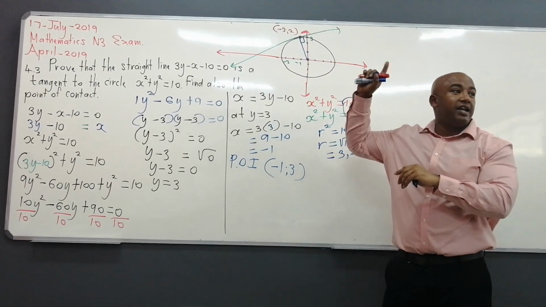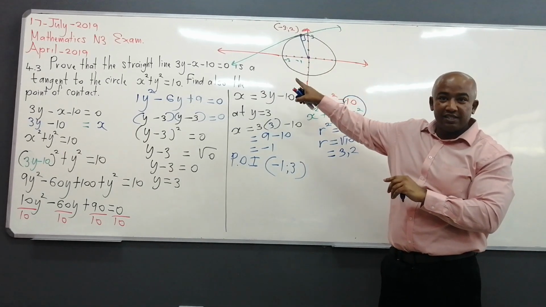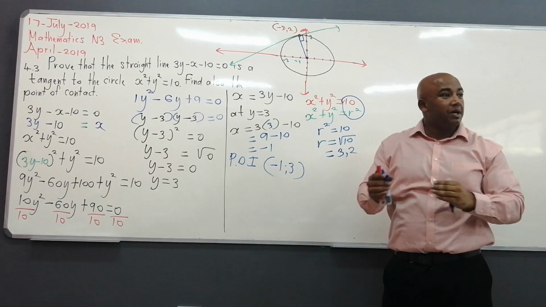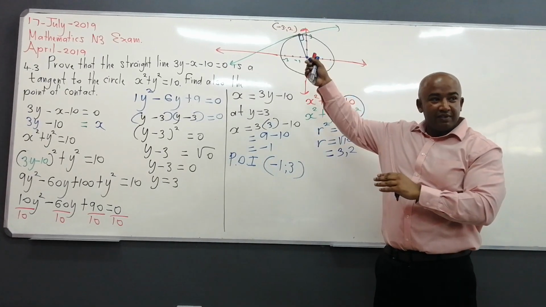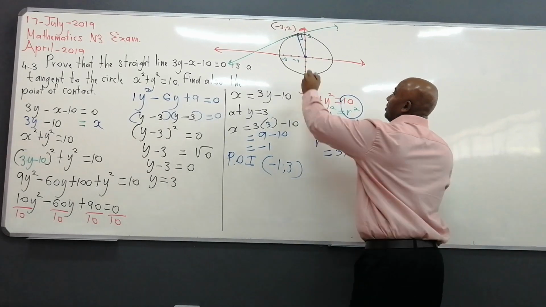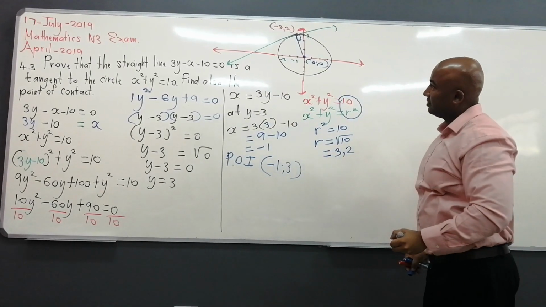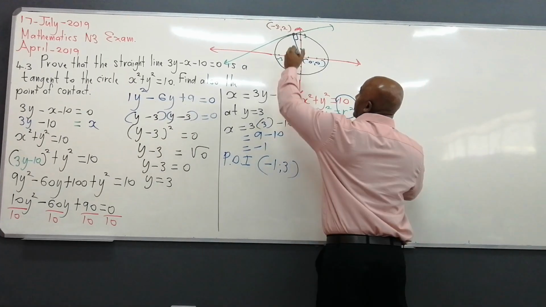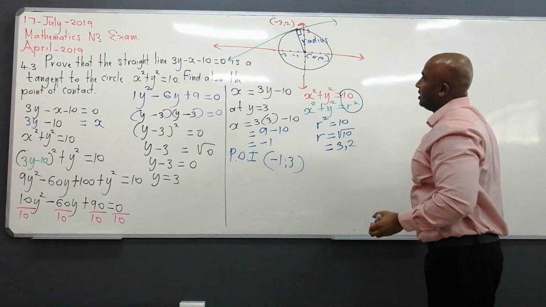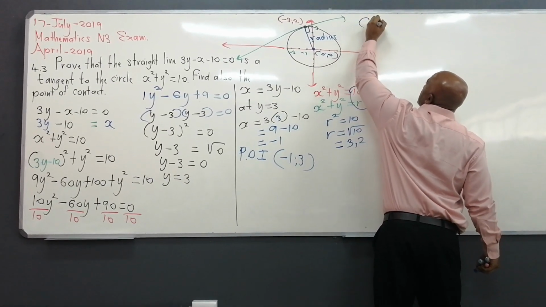If it is 90 degrees, that means it's perpendicular. That means the gradient of the tangent times the gradient of the radius must equal what? Minus 1. If it's perpendicular, it intersects at 90 degrees. This point here is 0, 0, and this is the radius.